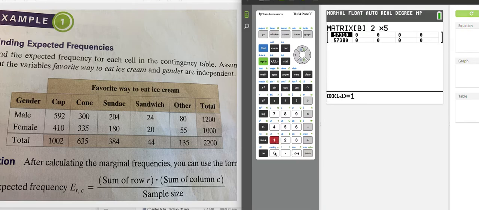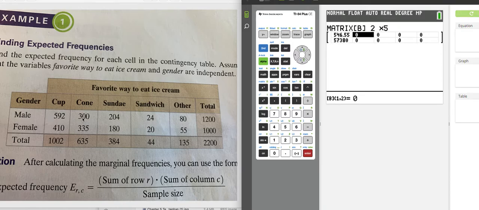So 1002 times 1200 divided by 2200. And we get 546.55. That's the number we actually should expect. If these are independent, we should expect 546. We got 592 for that spot, so we're not too far off.